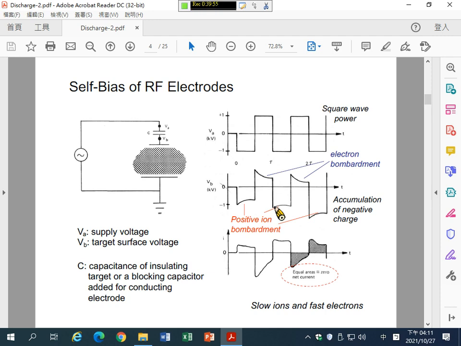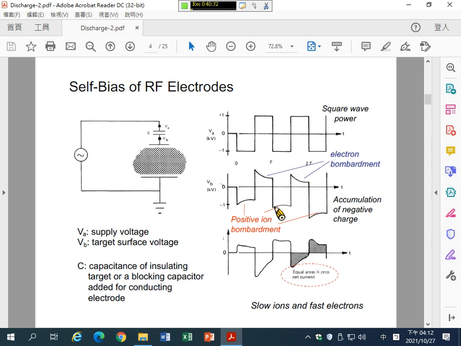And the bottom curve shows the transient current curve. After a few cycles, the surface of the top electrode has already built up negative charge, so the negatively charged surface will repel electrons or decelerate electrons.